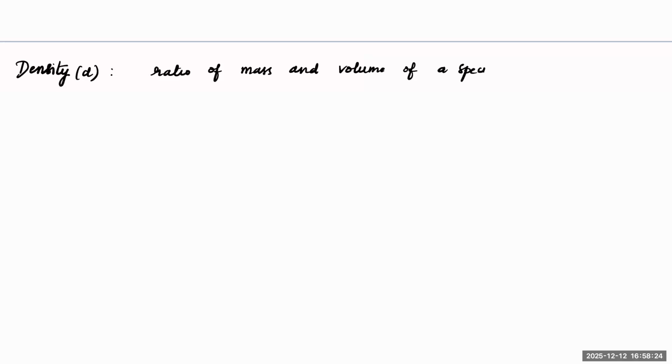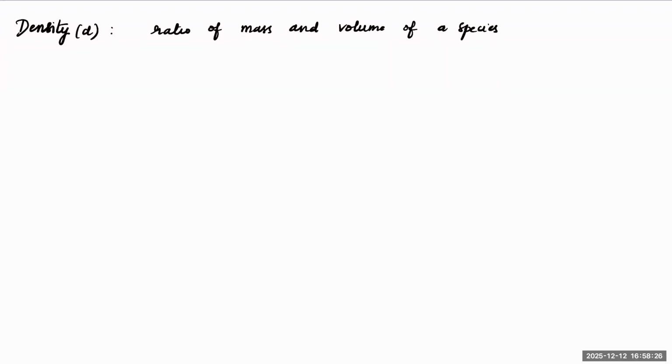This is the simple terminology. Now it is categorized into multiple terms. One is absolute density, which we usually write as D, and that is by definition mass by volume. So whatever we write as density is usually mass by volume.